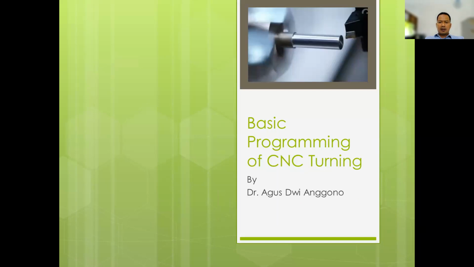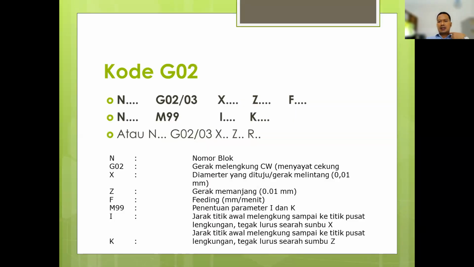Last week we already discussed the programming of CNC turning. Then we continue in depth with G02 code. G02 and G03 are almost the same because this is for radius manufacturing or radius turning.